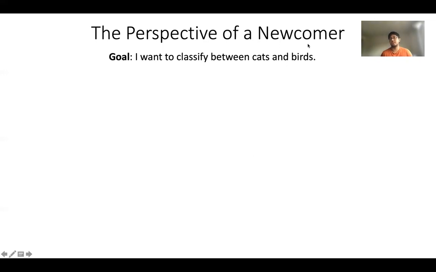I want to classify between cats and birds. So a very simple binary classification task. Maybe I've heard of all of the successes of deep learning, but I don't know too much. But what I've heard is that deep convolutional networks are very capable of doing this task at basically a superhuman level of performance. So I say, why don't I just start with this? I know this is going to work quite well.